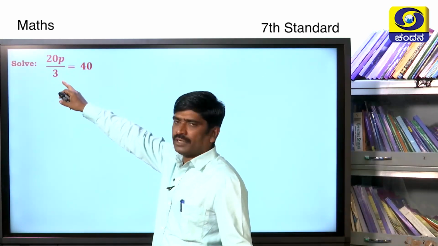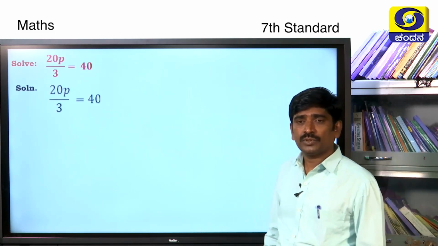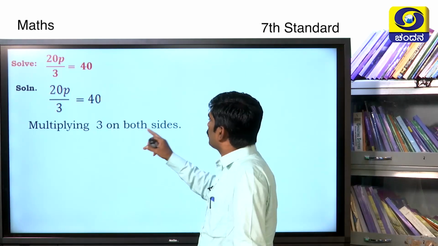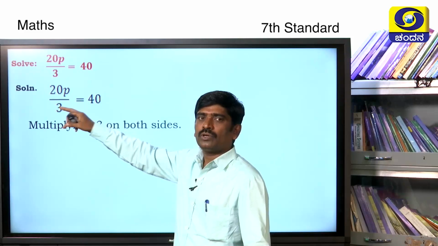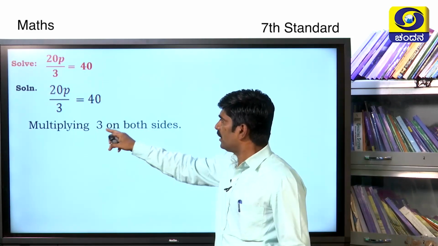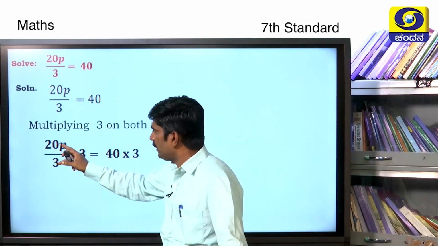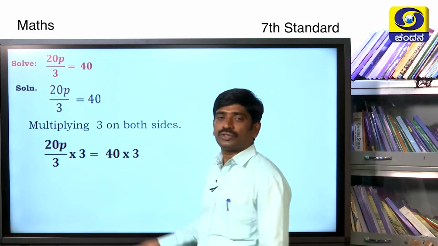20p divided by 3 is equal to 40. What do we do here first? First, multiply by 3 on both sides because 3 is dividing here. Therefore, we must multiply by 3 on both sides. Then what happens? 20p divided by 3 into 3 is equal to 40 into 3.